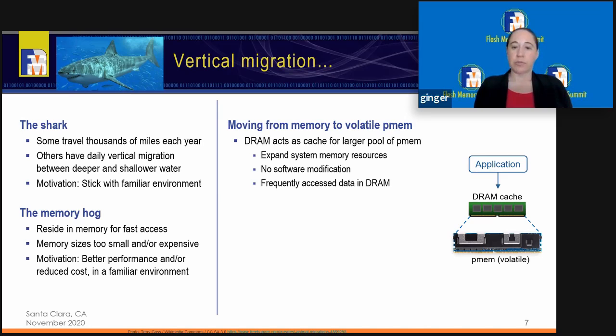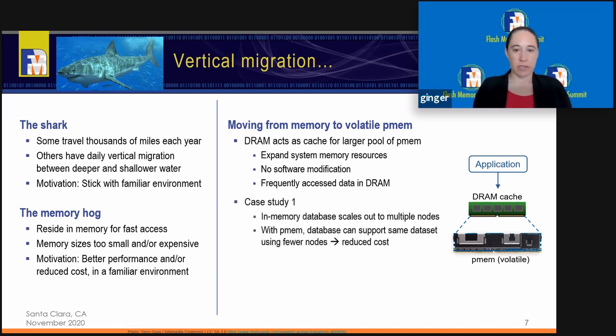This allows you to expand your total system memory resources, have a larger working set, or a working area of data. You don't have to do any software modifications, and any of your frequently accessed data is still going to be in DRAM. It's just a cache, so that when you run out of DRAM and you need to get data, you go to persistent memory, which is faster than going to SSD.